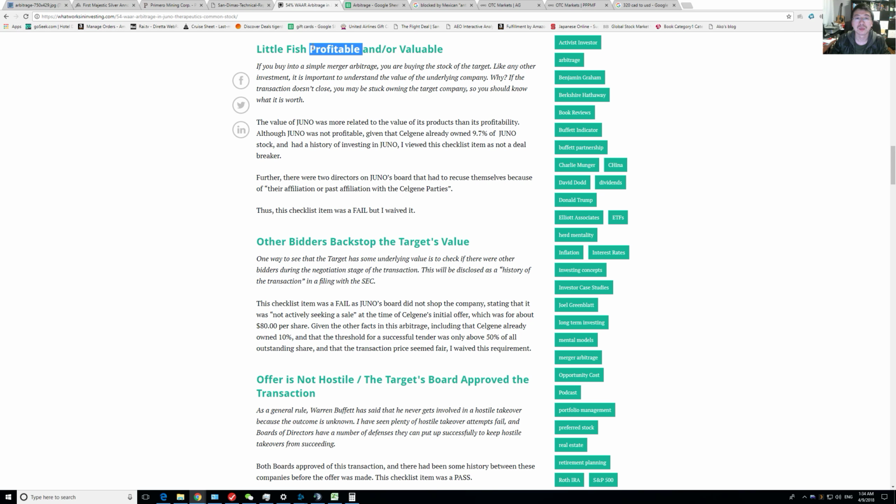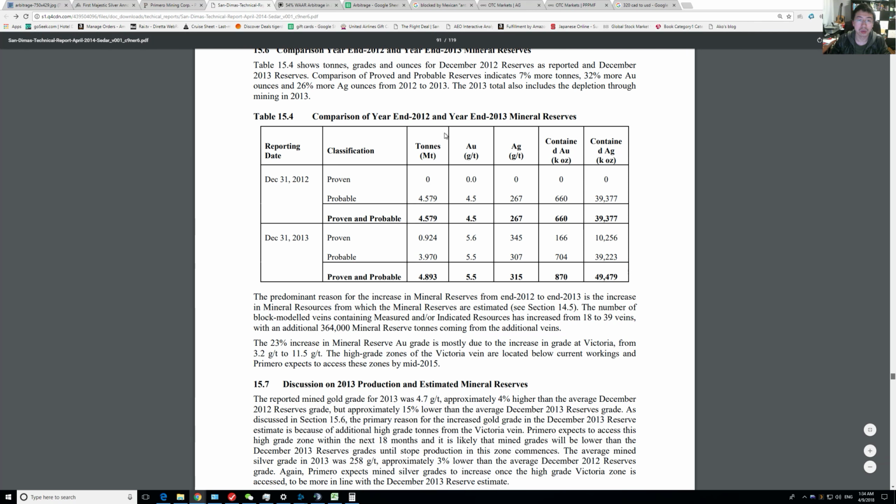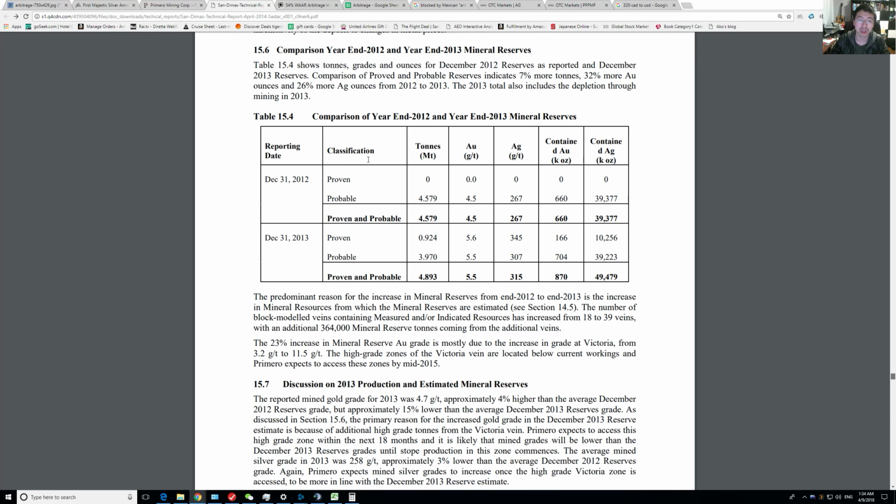The reason it's valuable is that if you look at their resource estimate, they have one mine and one exploration project. The mine, if you look at just proven probable, we discount the measured and indicated, right?